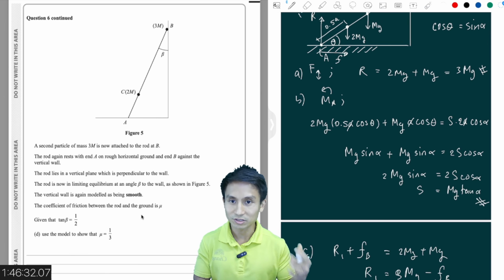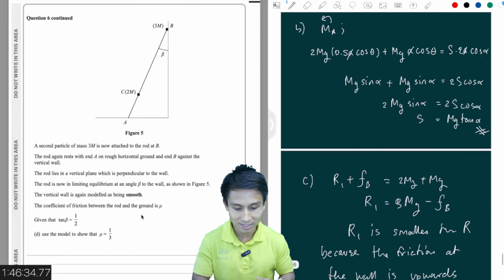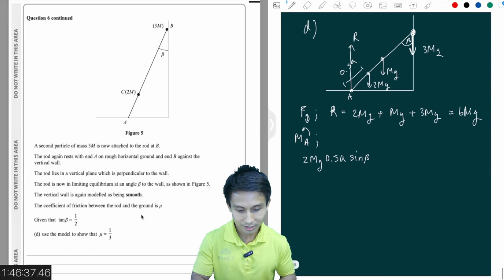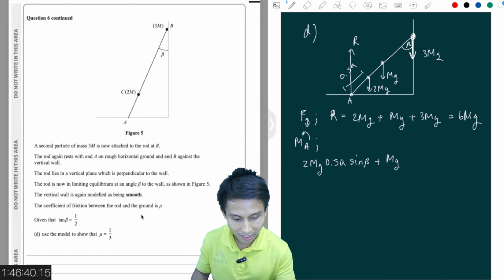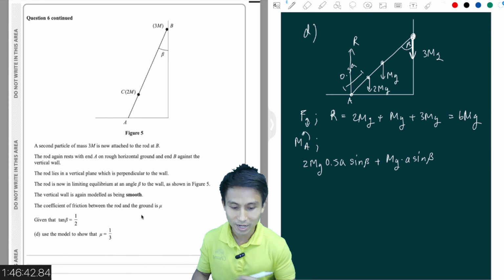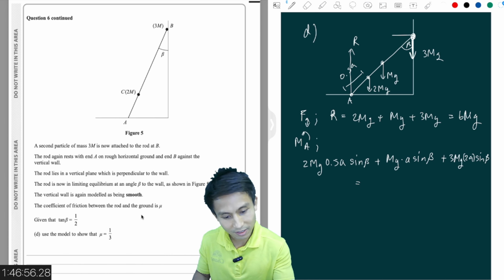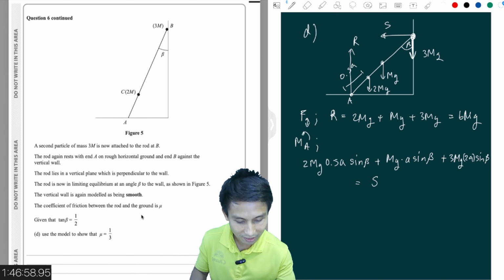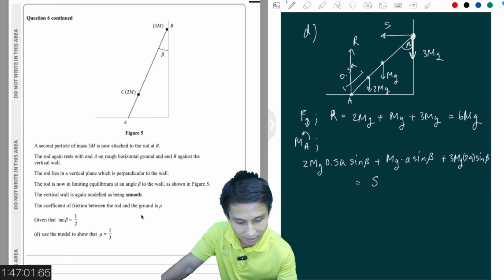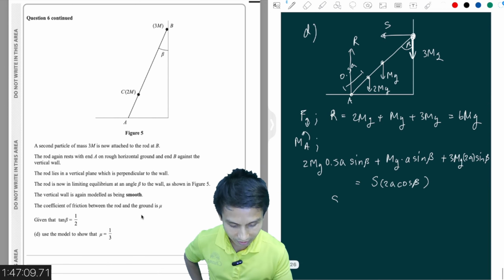Now because the angle changes to beta, we're going to do sine beta instead, and then plus mg times a sine beta, that's for the weight, and then plus 3mg times 2a sine beta as well, and this will be put equal to the anti-clockwise moment S times 2a cos beta instead, right? So we're going to get S there.